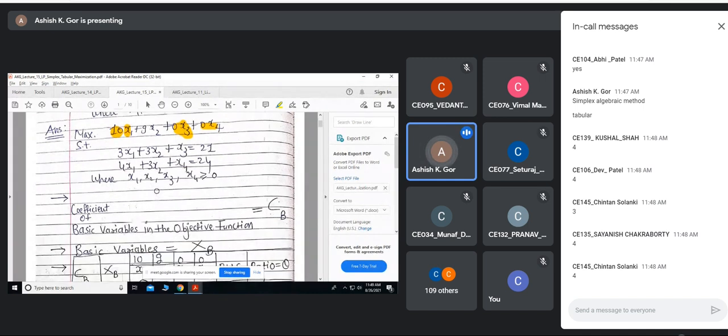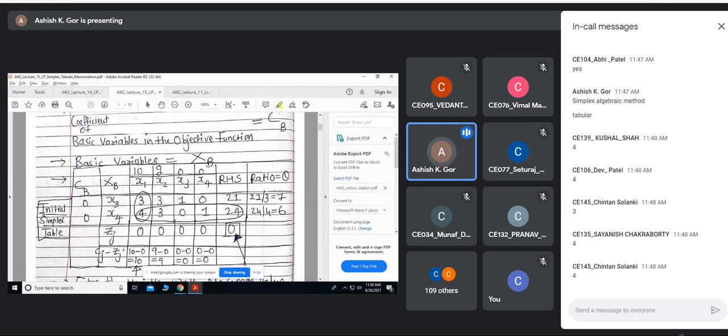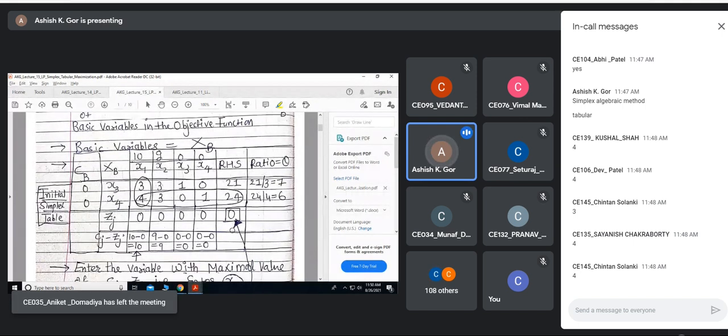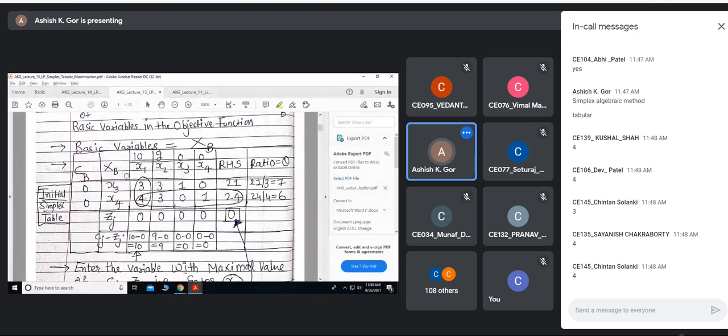So now let us see how to prepare the first table, which is called the initial simplex table. This is the design of the initial table. Let us see one by one how to prepare this. First of all, you write down every variable. First you prepare a table. The first column is CB. I'm telling you the meaning.